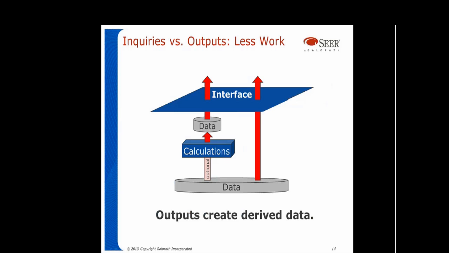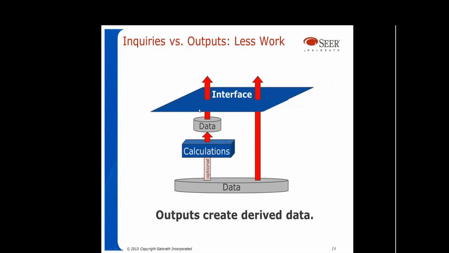It doesn't have to access the data, which is a little proviso to what I said before. It usually does access internal data, but it can just perform calculations, and that calculated data is then sent out of the application interface. So there's a little bit of wiggle room in an output.